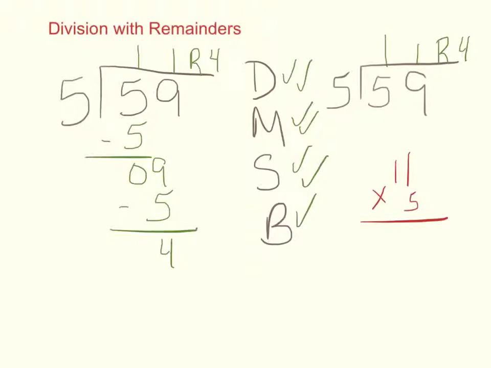Now we know 11 times 5 is 55. But wait, up here it's 59. This is why we have to add that remainder back in. Plus the remainder 4 equals 59. So here we have 59, 59. And so it checks out.